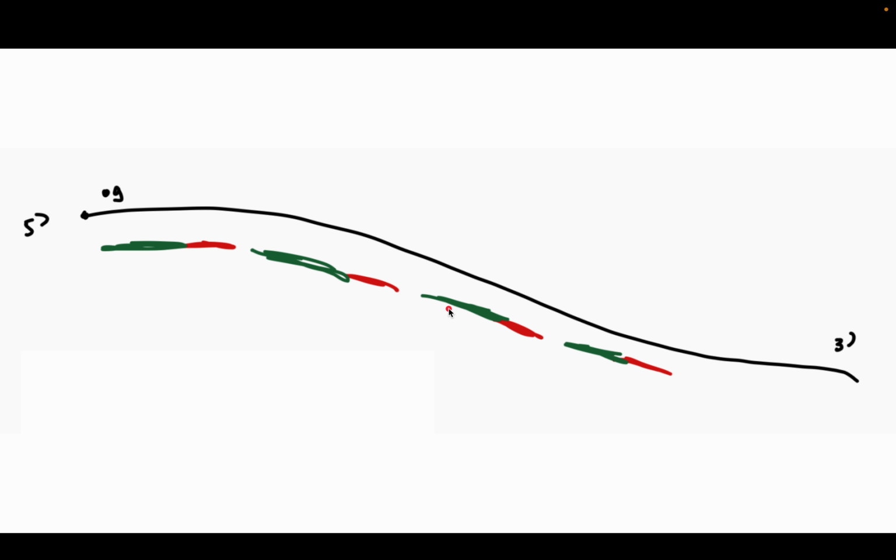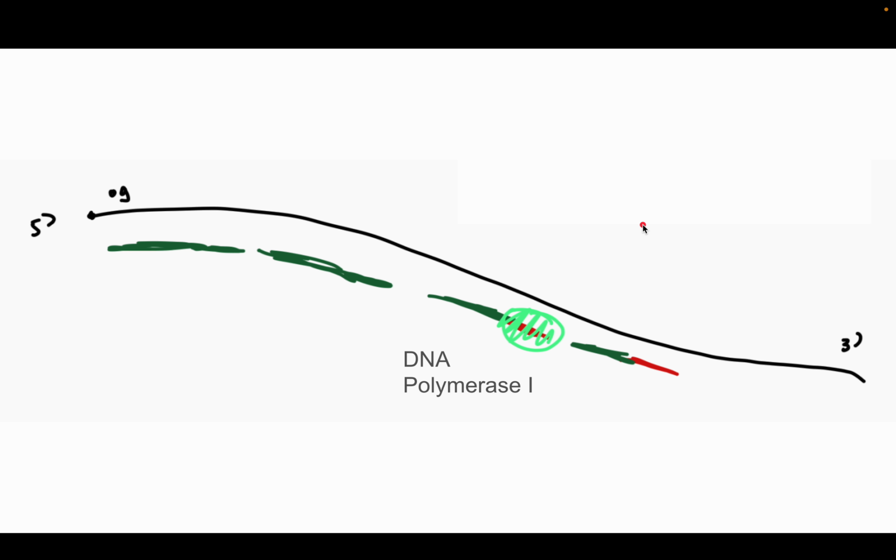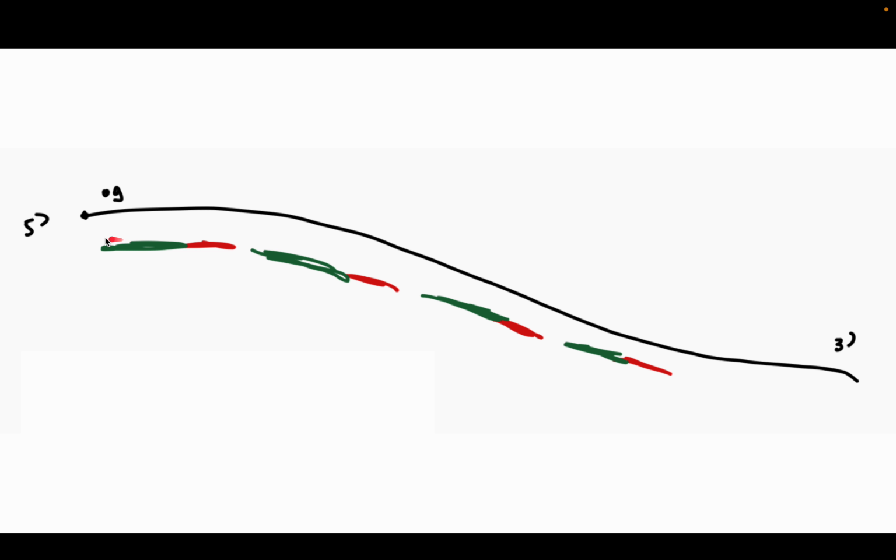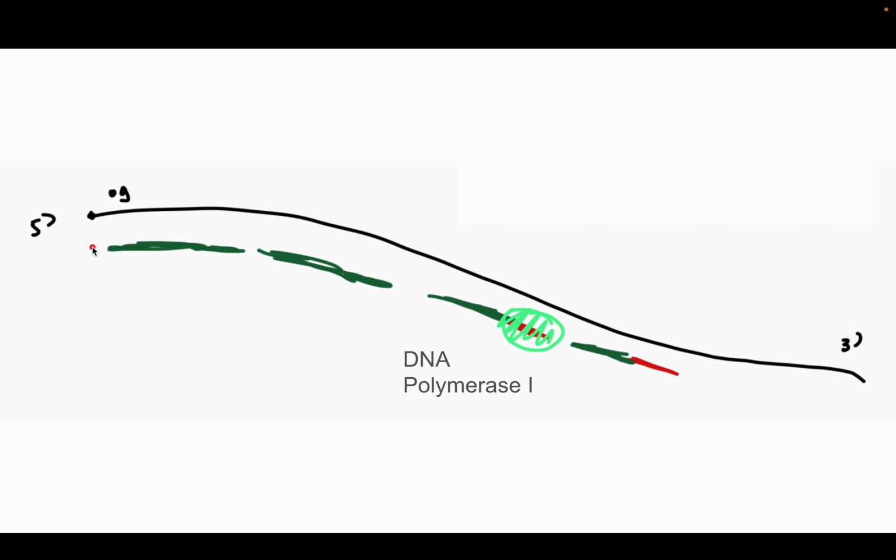It's still fragmented. There's no solidification here. There's no connection. And so this is where DNA polymerase 1 will come in handy. Notice how earlier the one synthesizing these DNA nucleotides was called DNA polymerase 3. This one is called DNA polymerase 1.